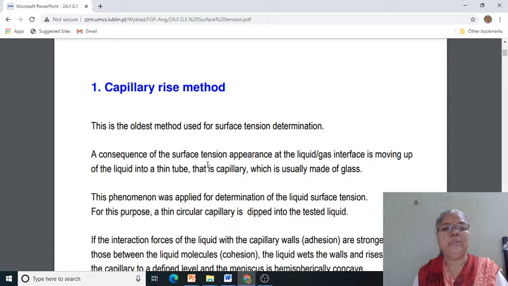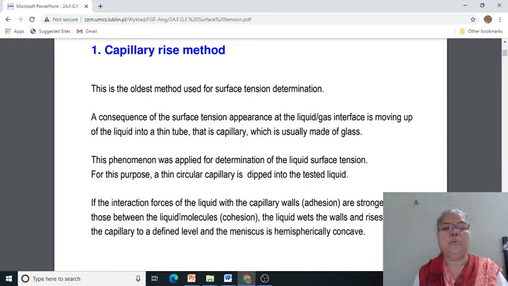A consequence of surface tension appearance at the liquid-gas interface is moving up of the liquid into a thin tube, that is the capillary, which is usually made up of glass. This phenomenon was applied for determination of surface tension.